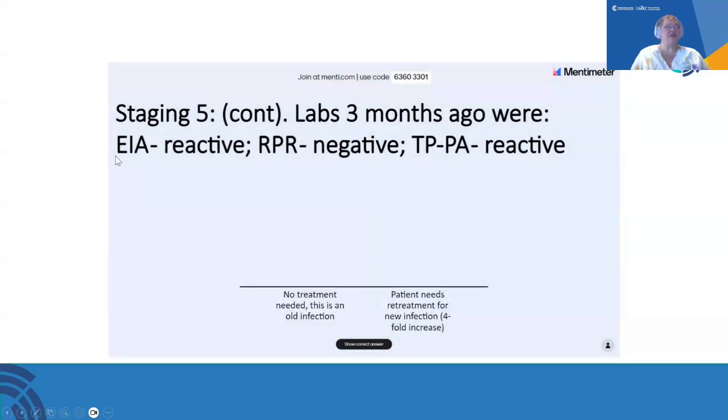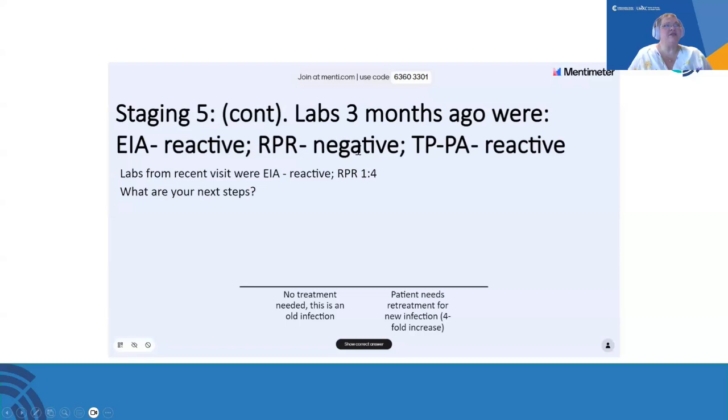All right. So 3 months ago, the labs were reactive, negative, and reactive. So is this syphilis that we're dealing with? Do we have two that agree? Yes, we have two that agree. So we know we're dealing with syphilis in some form or fashion.